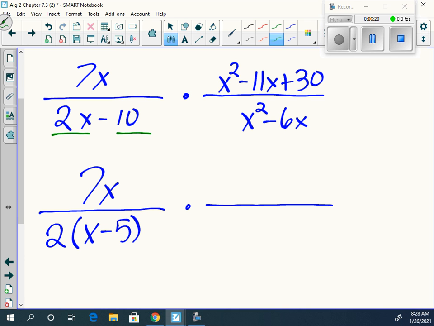That's a little bit different than the 7x on top. 7 times x makes it a term, so we can't really pull something out of it because it's already by itself. So here, the 2x minus 10 is considered separate, but it's still considered together. For greatest common factor's sake, it's considered separate. For simplification on top and bottom, they're stuck together. Does that make sense?